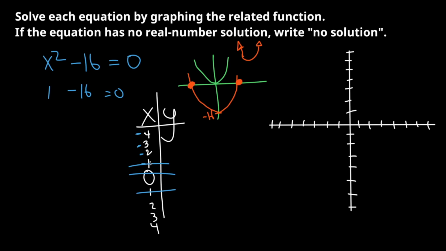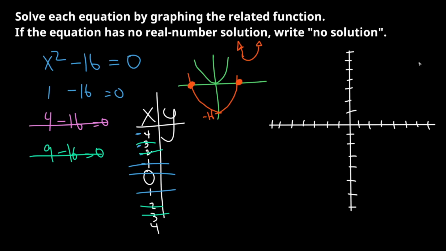If I plug in 2, 2 squared is 4, so 4 minus 16 equals 0. Well, that's not true. If we do 3, 3 squared is 9 minus 16. Well, 9 minus 16 is not 0, so don't care about that either.